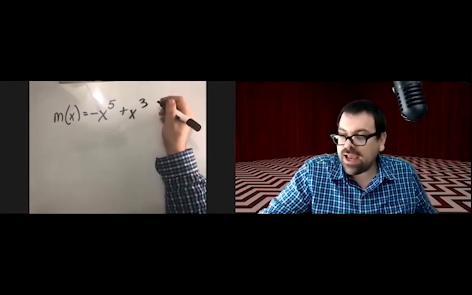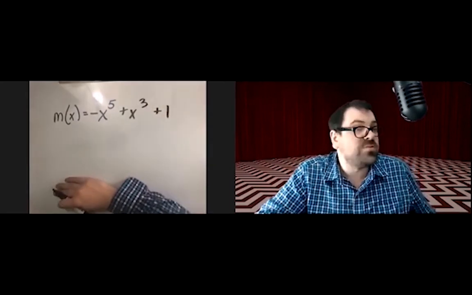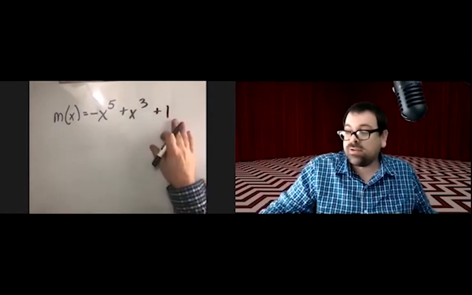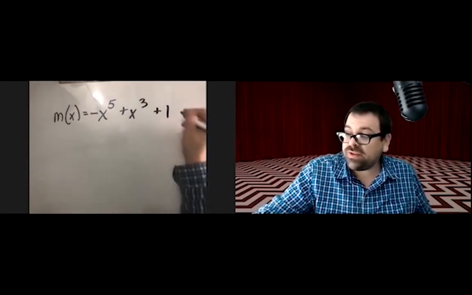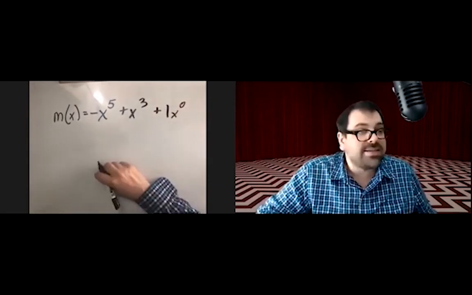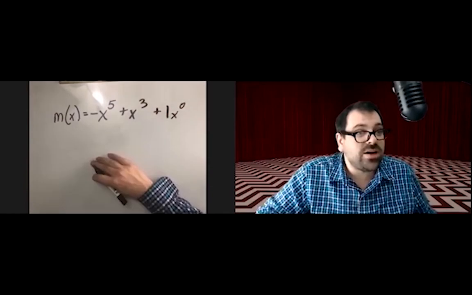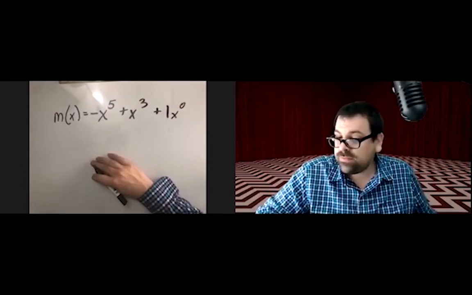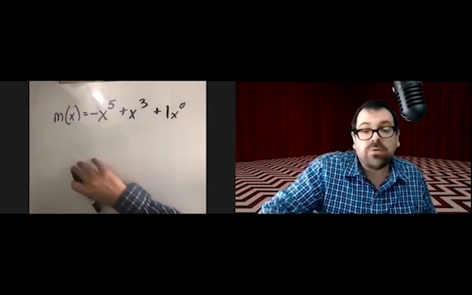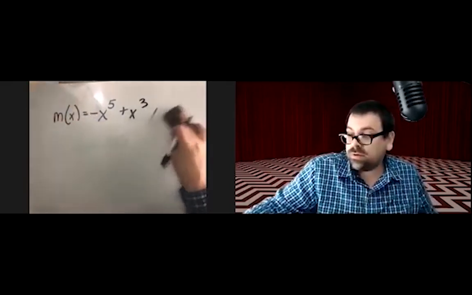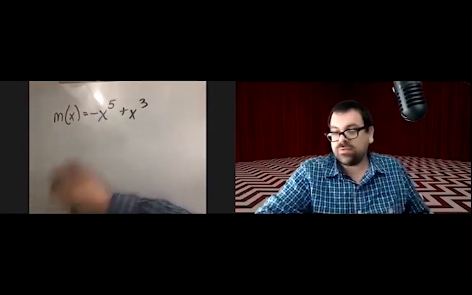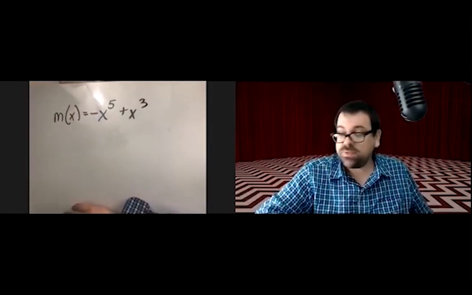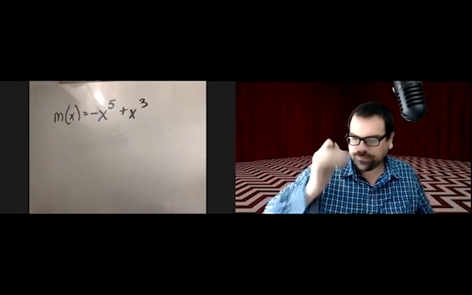Now, the second I add a +1 or something, this one doesn't have any x's, but if it did, it would be x to the 0. 0 isn't odd. So that one would be neither. We don't have a +1 here. We just have x to the fifth and an x cubed.